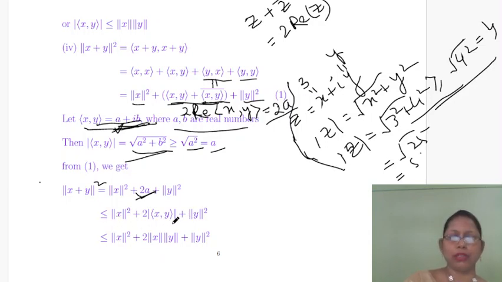By using the Schwarz inequality, in place of the modulus of the inner product of x, y, I can write this one.